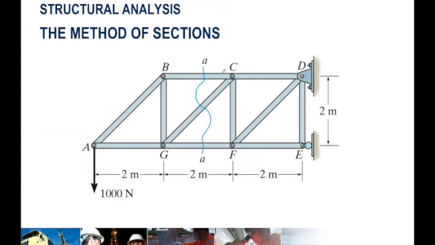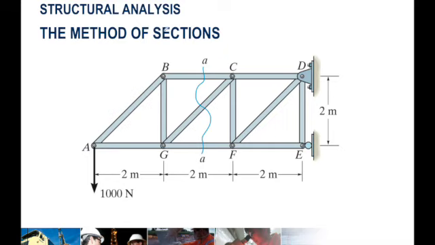So this is what the method of sections will look like. So look at this truss here. We have 1, 2, 3, 4, 5, 6, 7 joints. If you are to analyze this truss, and the required in the problem is a member somewhere in between, you have to go through some other joints before you can determine the value of the force in the member.